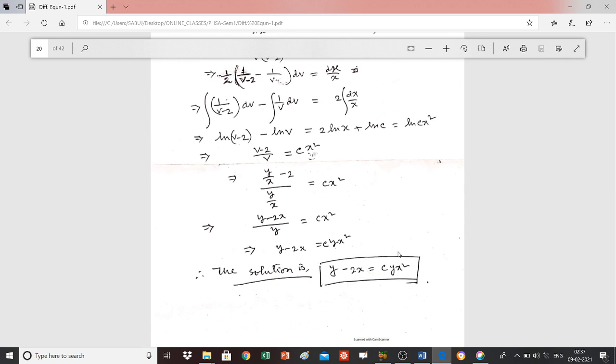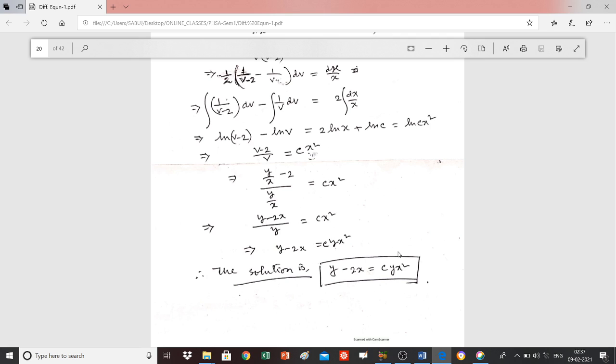So in this class till now we have learned how to solve a homogeneous equation, and the solution of the inhomogeneous equation will be discussed in our next class, because the length of this class would be much longer.